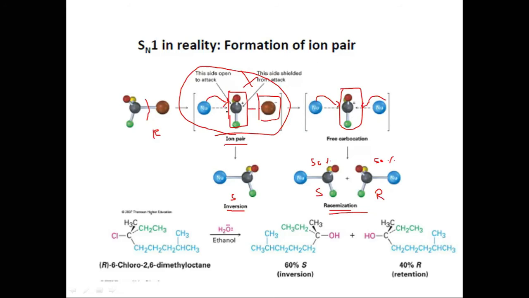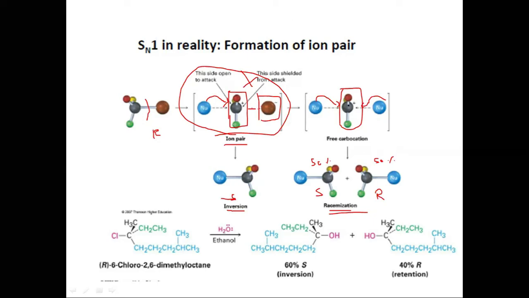So as and when it is in the ion pair state, the nucleophile always prefers to attack from the backside, not from the front side. In such cases, you will get some amount of S inversion already. Then as soon as this dissociates and you get the free carbocation, the possibility is R and S in equal proportion.